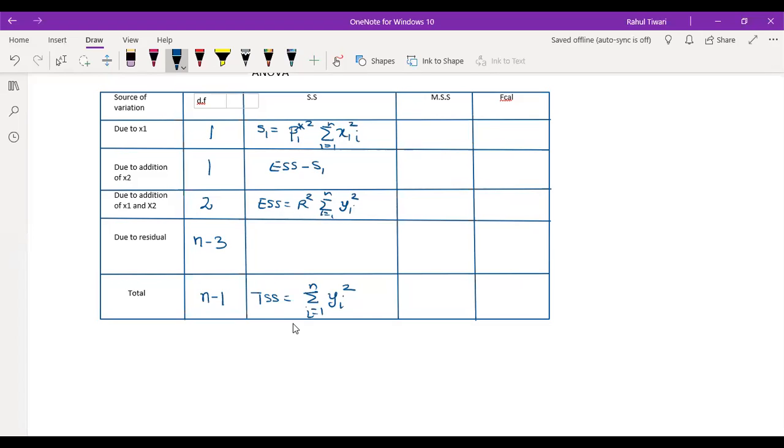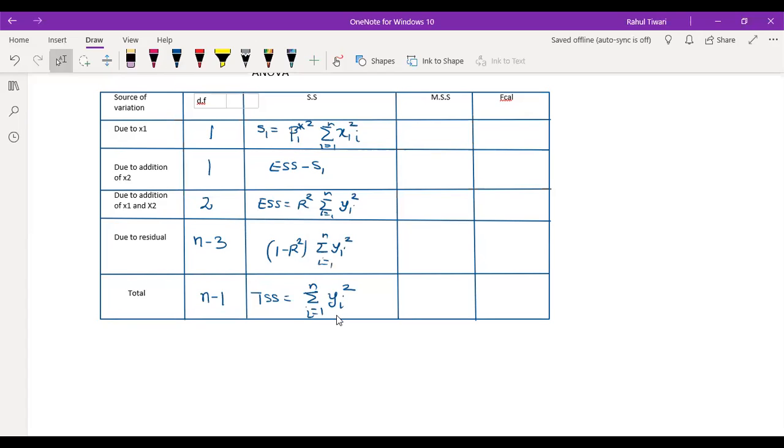So I may write TSS minus ESS, so that is going to be 1 minus r square, summation of yi square, i running from 1 to n.